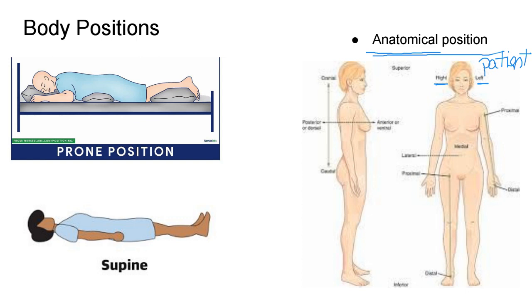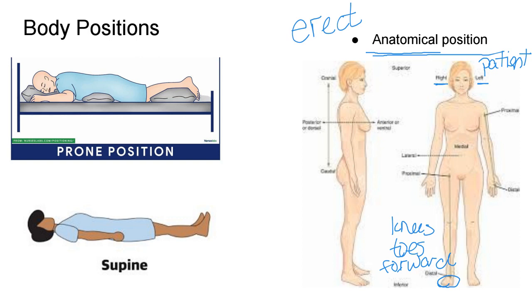So when the patient is oriented in anatomical position, you'll notice they are standing up, right? So they are what we would call erect. So they are standing upright. If you look down at their feet, their toes are pointed forward, and so are their knees. Nothing is rotated out. So toes are forward, knees are forward.